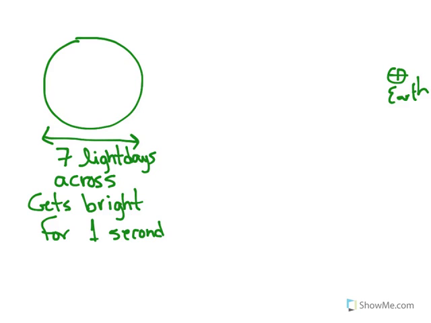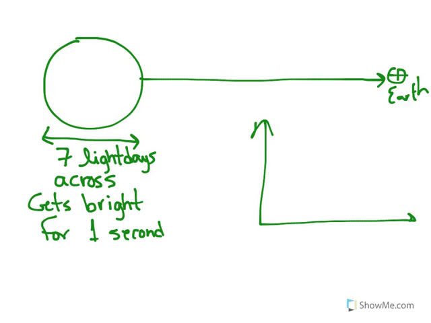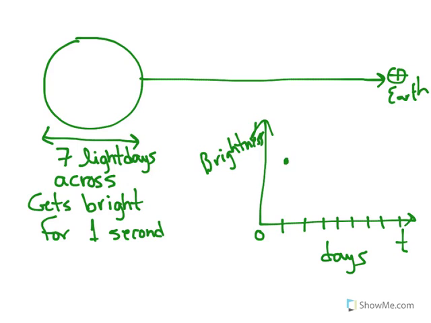So first we're going to get the light from the near side. So in terms of brightness versus time, we do this in days, so day 1, 2, 3, 4, 5, 6, 7, we'll do 8. So that first beam of light from the near side, we'll suddenly see it get brighter.